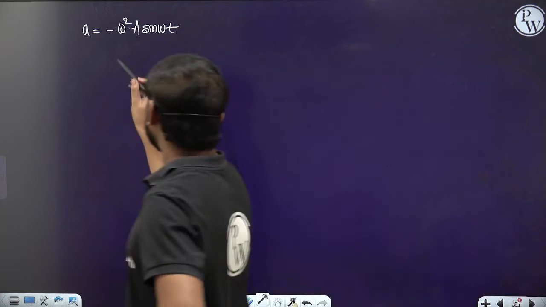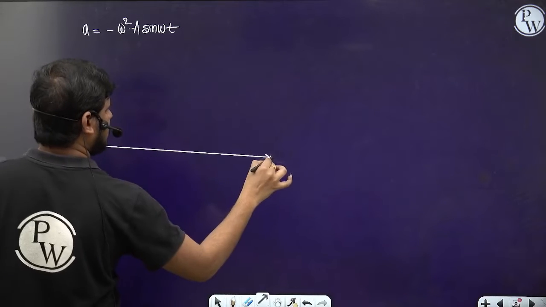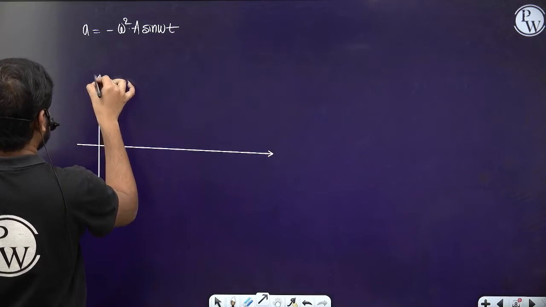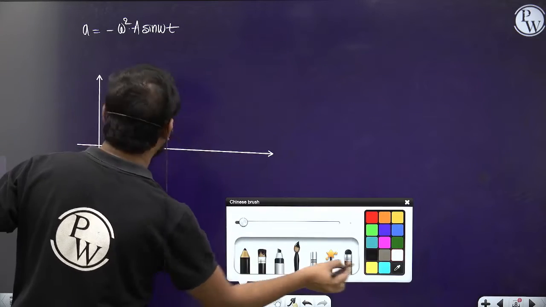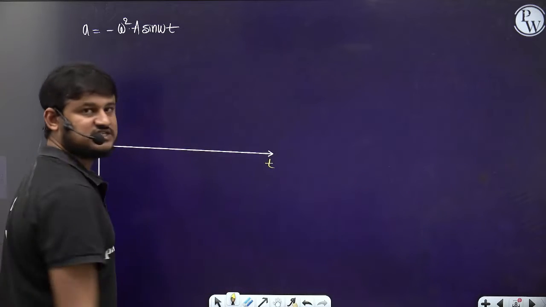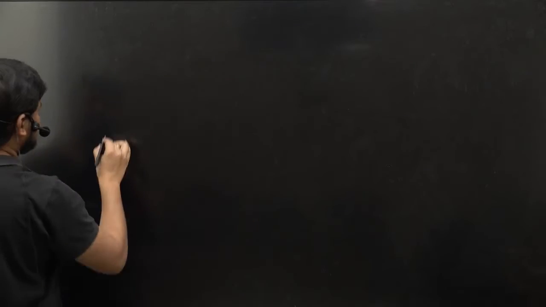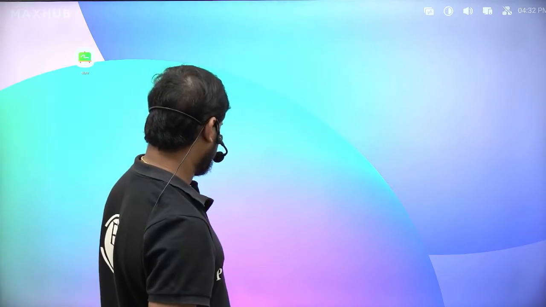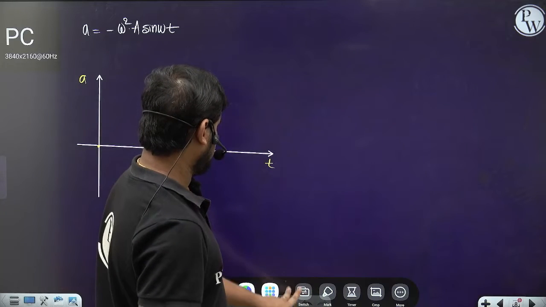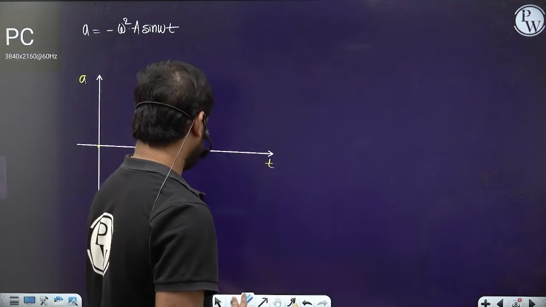If it is negative, it starts in the negative half cycle, and if it is positive, it starts with the positive half cycle. So let me draw the graph so that you will understand better. It starts from the mean position for sure, the a versus t, but here there is a minus.